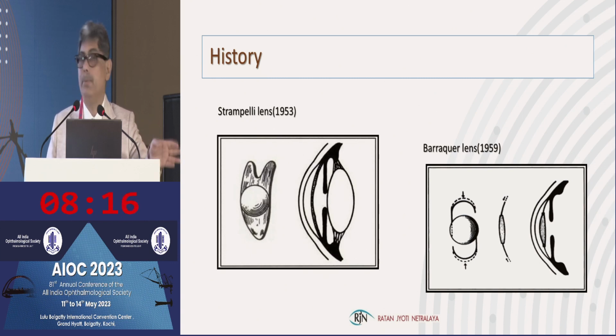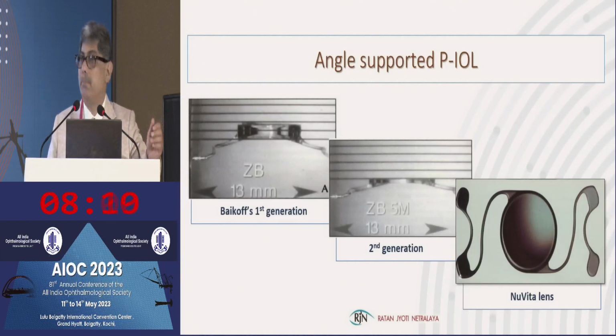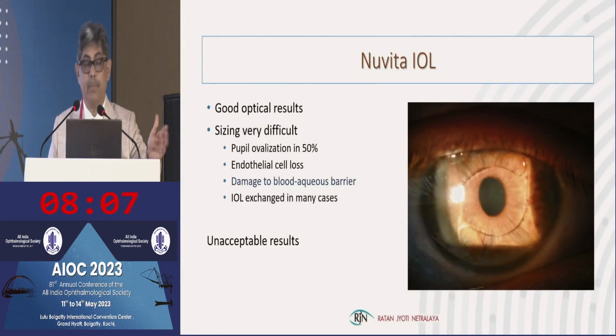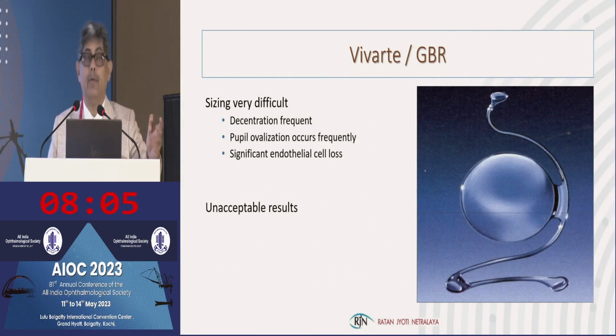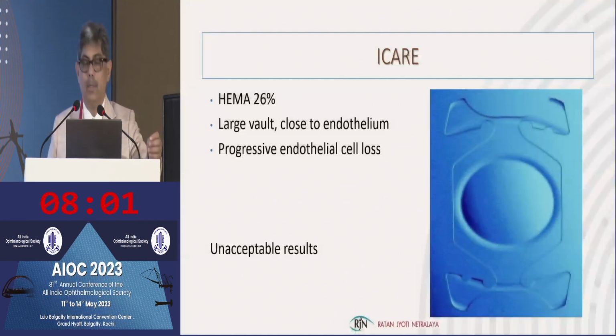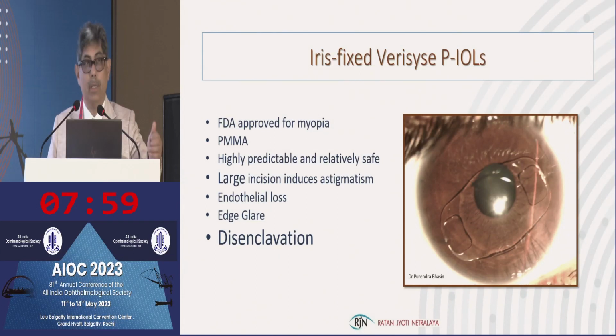So the quest for the phakic lens started way back in 1953, and various prototypes and designs were developed, but none of them were successful because of poor position, poor design, and poor quality. Then came the iris fixed Verisyze phakic IOL, which was FDA approved, made of PMMA material.